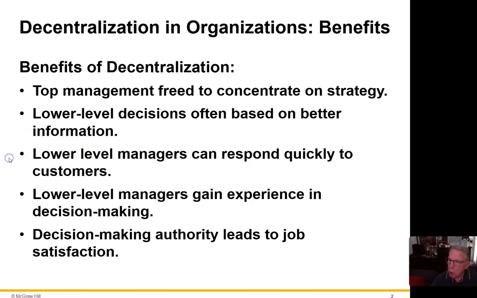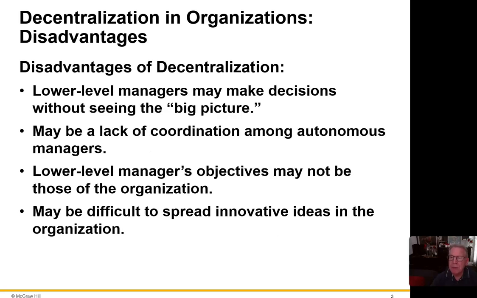Number three, lower level managers can respond more quickly to customers. And number four, lower level managers gain experience in decision making. And five, decision making authority leads to job satisfaction. Very important when you feel like you're the master of your own destiny.